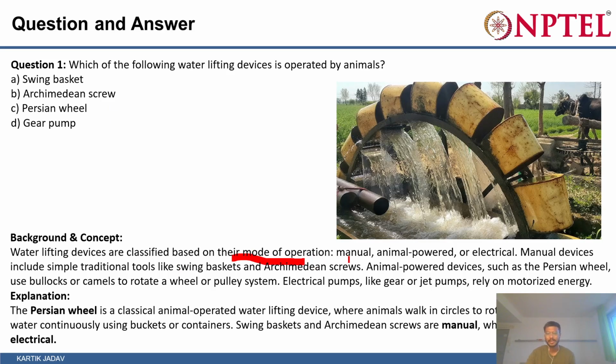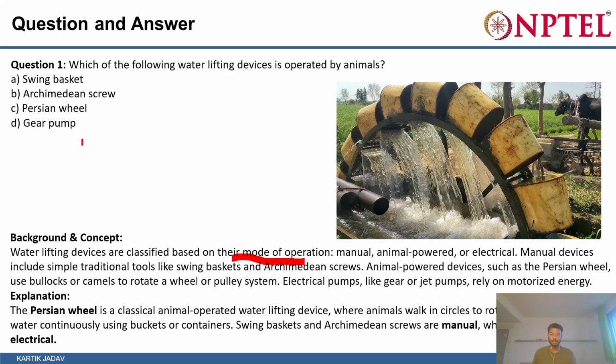Either it is manual, animal powered, or electric. In general, it is also classified based on the delivery head, so it is low, medium, or high.